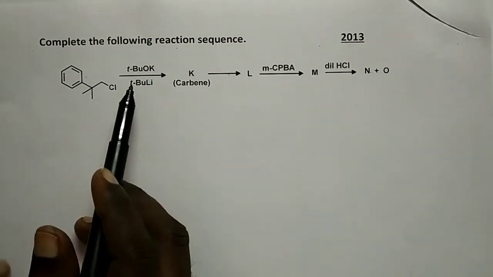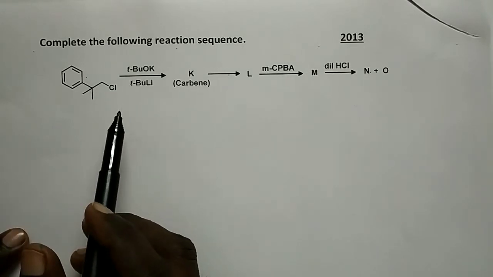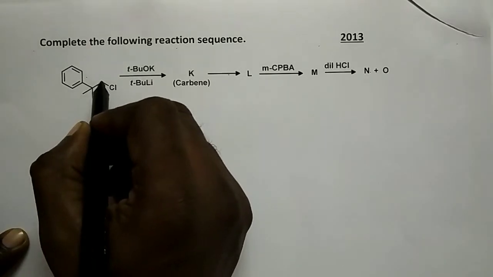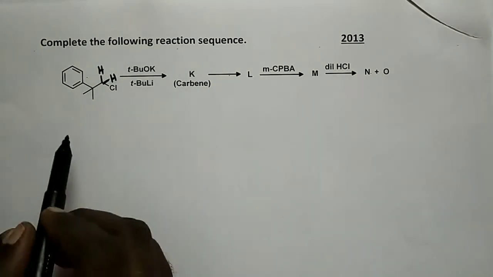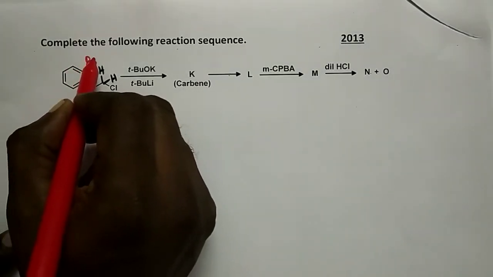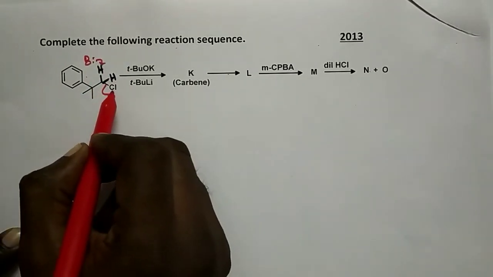The first step is, this halogen compound is treated with a base. What is the product? So here is a proton and here is another proton. When you treat with a base, the role of the base is to remove the proton.